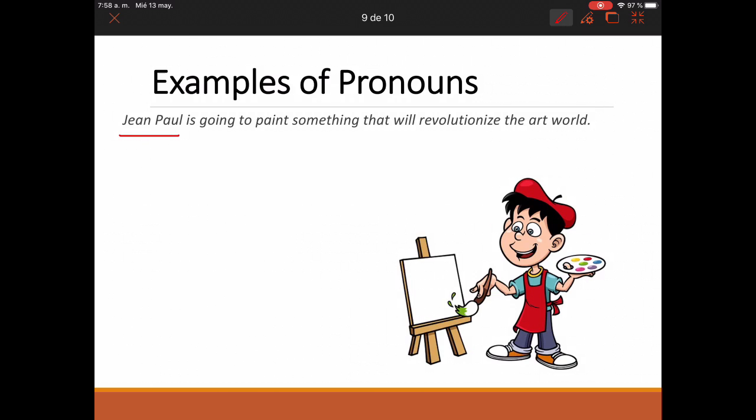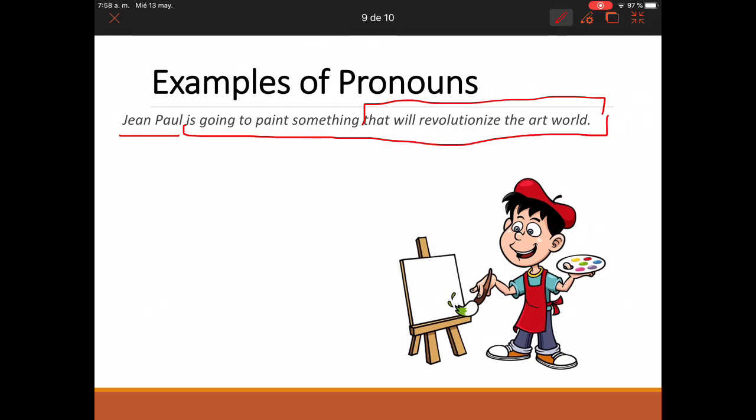And which is our complete predicate? Is going to paint something that will revolutionize the art world. But do we have intensive pronouns or reflexive pronouns? No. We have a relative clause here: that will revolutionize the art world.